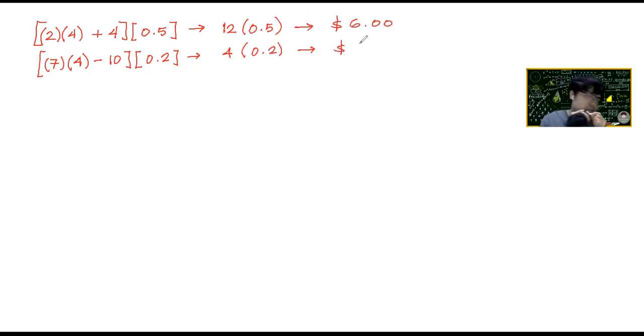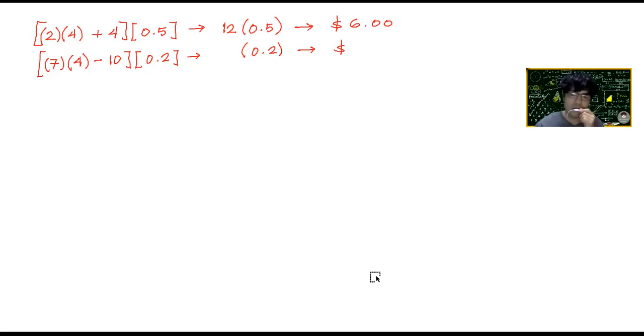Okay, just to be sure, let me check. 7 multiplied by 4, then minus 10. It's 18. Oh, so it's supposed to be 18. Okay, 18 multiplied by 0.2. So it will become 3.6. Okay, so that's supposed to be 3.6.